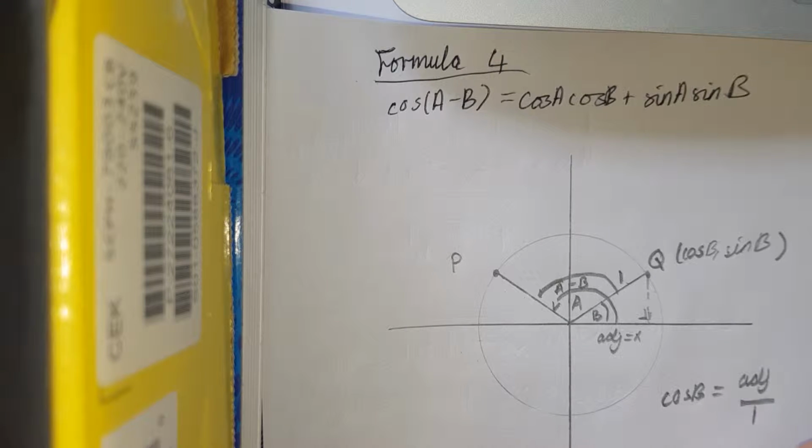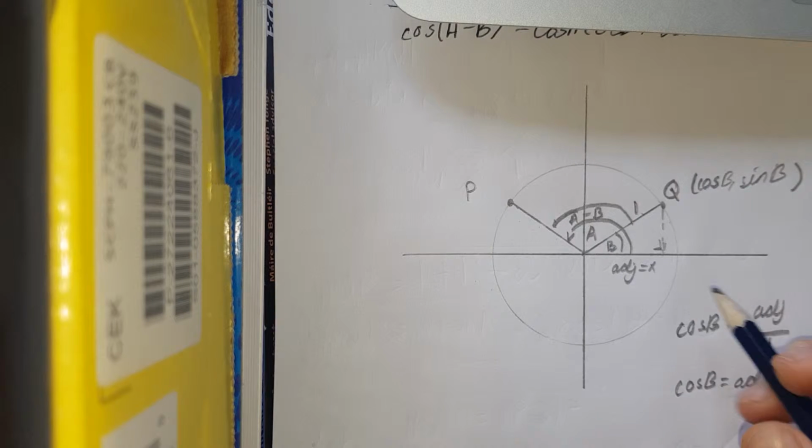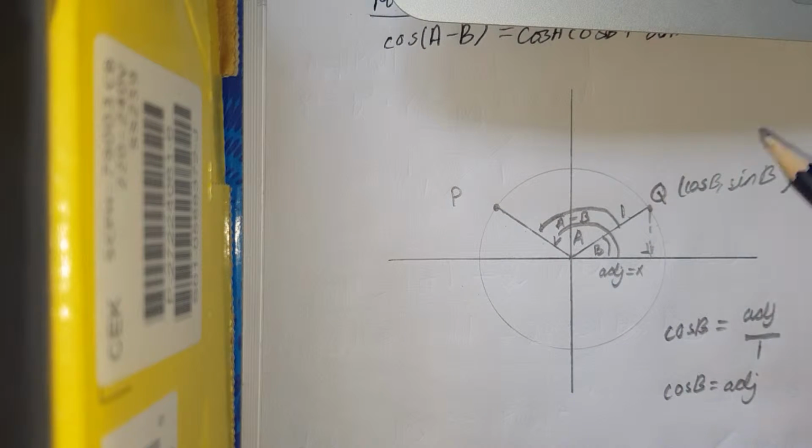So cos of the angle is equal to the adjacent, and the adjacent is the x coordinate. Similarly, the opposite is equal to the y coordinate.